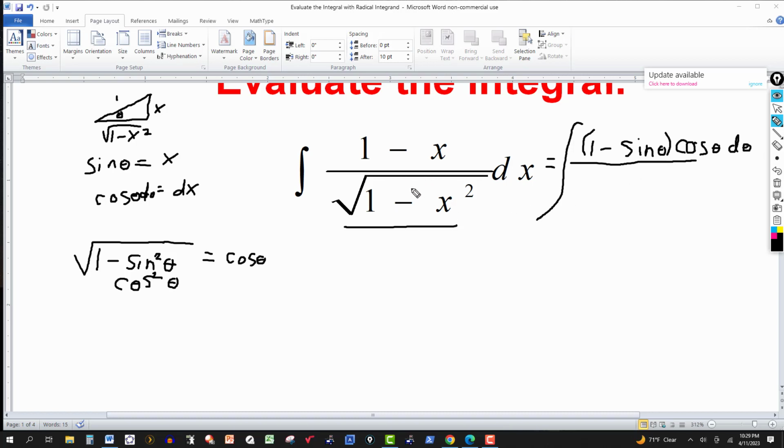And then of course the radical expression, as we saw over here on the left, can be replaced by cosine of theta. And then we can cancel here, cancel here, and we're left with the 1 minus sine theta over 1, so this will just be 1 minus sine theta d theta.